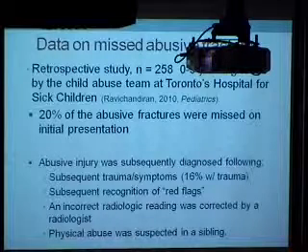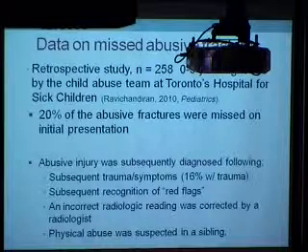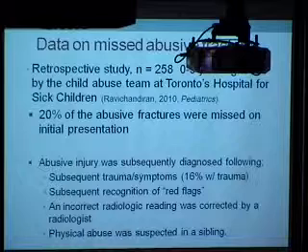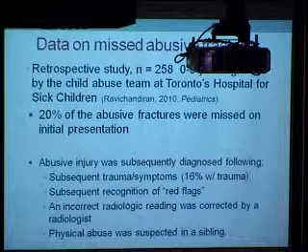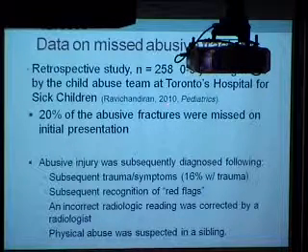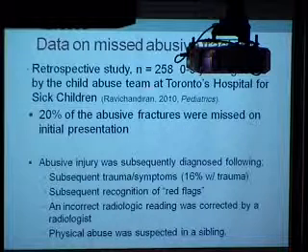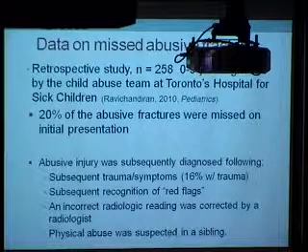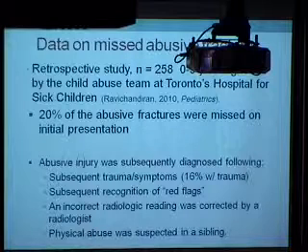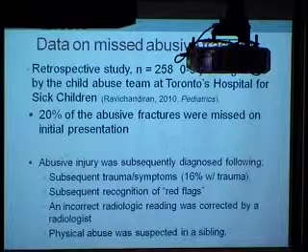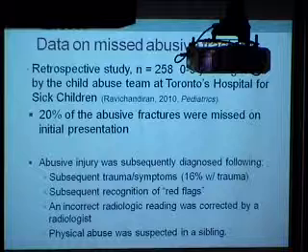So focusing more on abusive fractures, there is a recent study that looked at missed abusive fractures. At a large children's hospital in Toronto, they had 258 children over 1 year, aged 3 years or less, who presented to their emergency department with fractures.